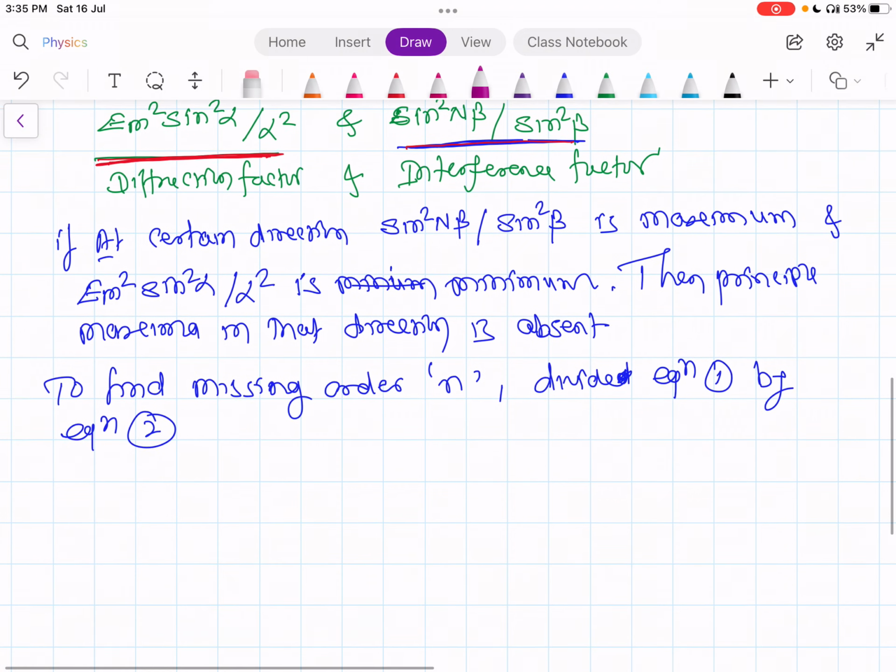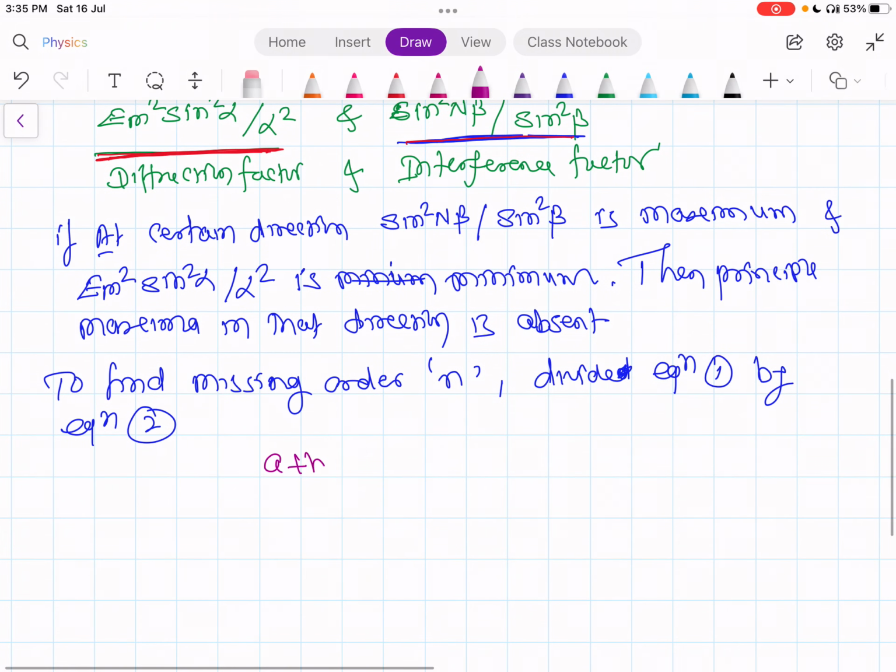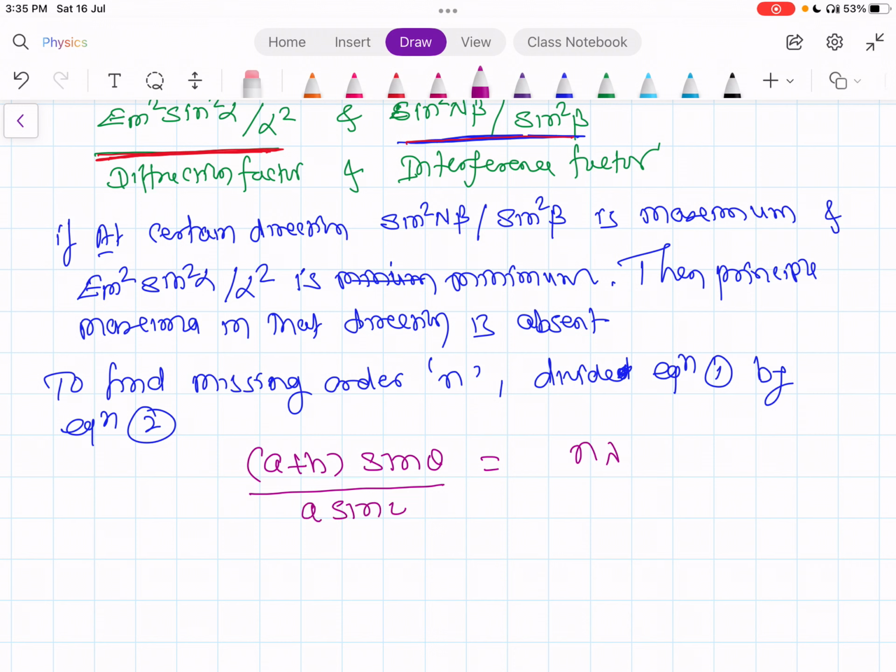Equation 1 is (a plus b) sin theta equals n lambda, divided by equation 2, which is a sin theta equals m lambda.